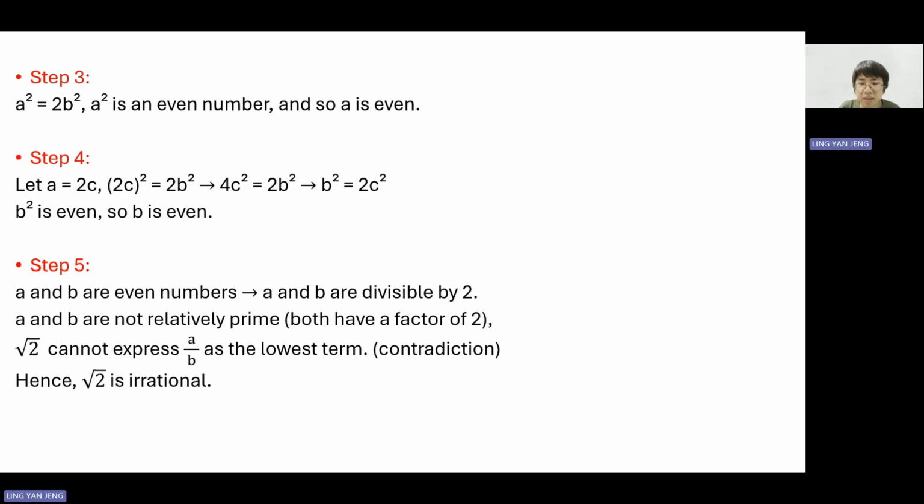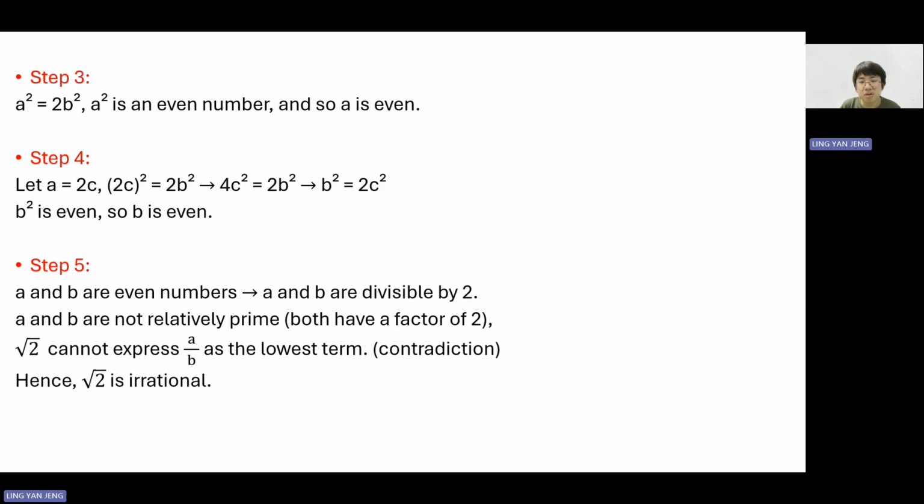So after the steps, we know that a and b are even numbers, which means a and b are divisible by 2. Notice anything? Both being divisible by 2 means that they share the same factor, which is 2, and they are not relatively prime, since two numbers are relatively prime when they do not share any factor other than 1.